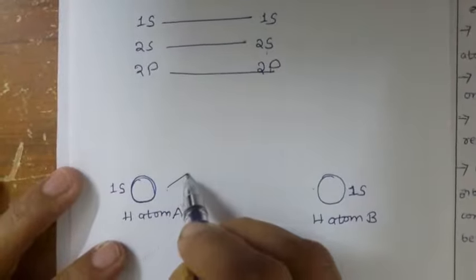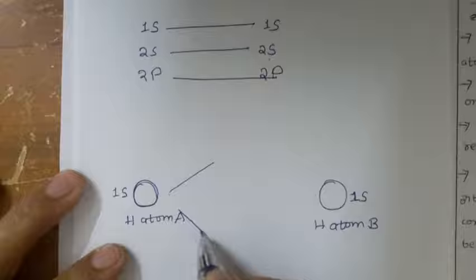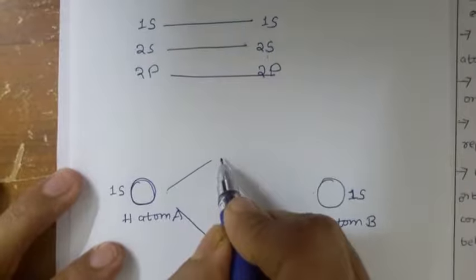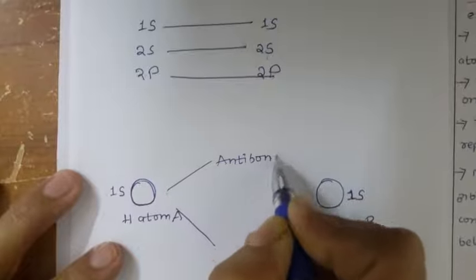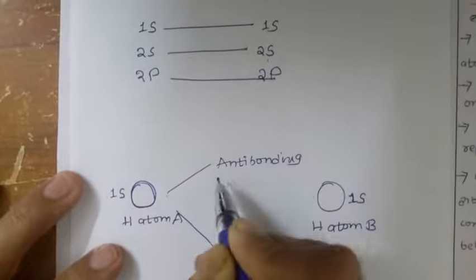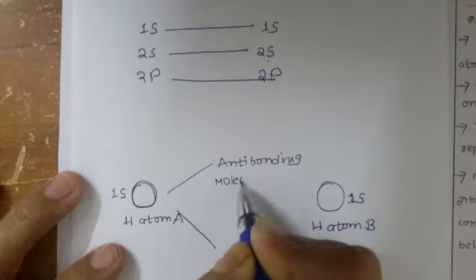Of these, one is called the anti-bonding molecular orbital.